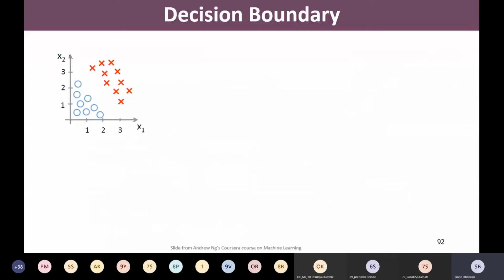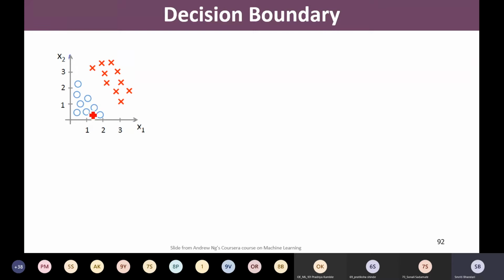Okay, so as I stated, we are going to talk about a concept known as decision boundary. So let us assume that we have some training data set available with us, and the training data set includes examples belonging to two different classes. So we have class 1 samples and samples of another class, right?